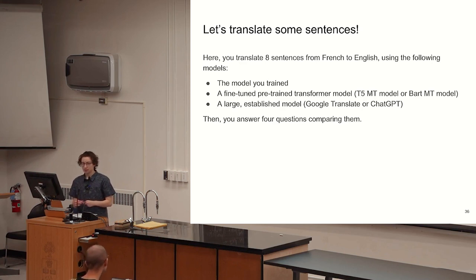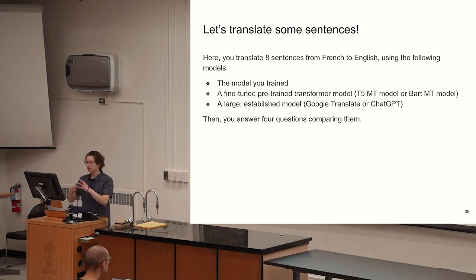And then the last one is using a large established model. I think this one is perhaps one of the more interesting parts of the assignment, being able to compare: if you train a model in 7 minutes on a GPU for an assignment, how close is that to a state-of-the-art transformer model that's seen so much more data?